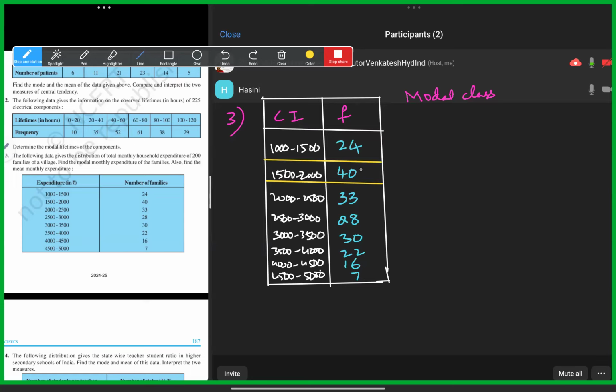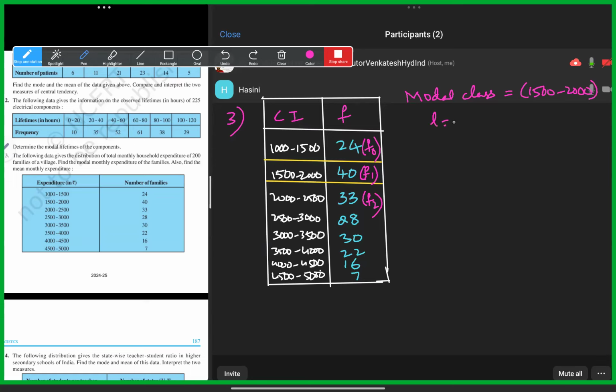So this is F1, Hasmi. Before one will become F naught, and after one is F2. So, Hasmi, the modal class is 1500 to 2000.